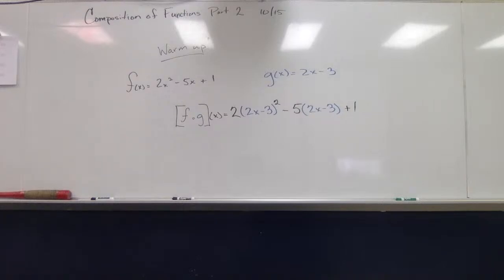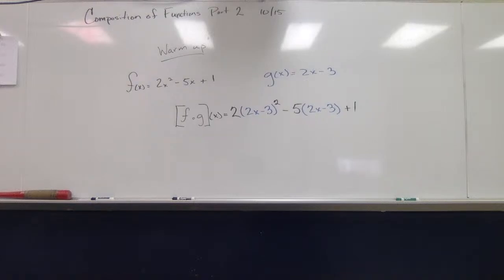All right, so you got that going on, right? You got a 2. And then 2X minus 3 squared, right? Well, 2X minus 3 squared. So 2X minus 3 times 2X minus 3.